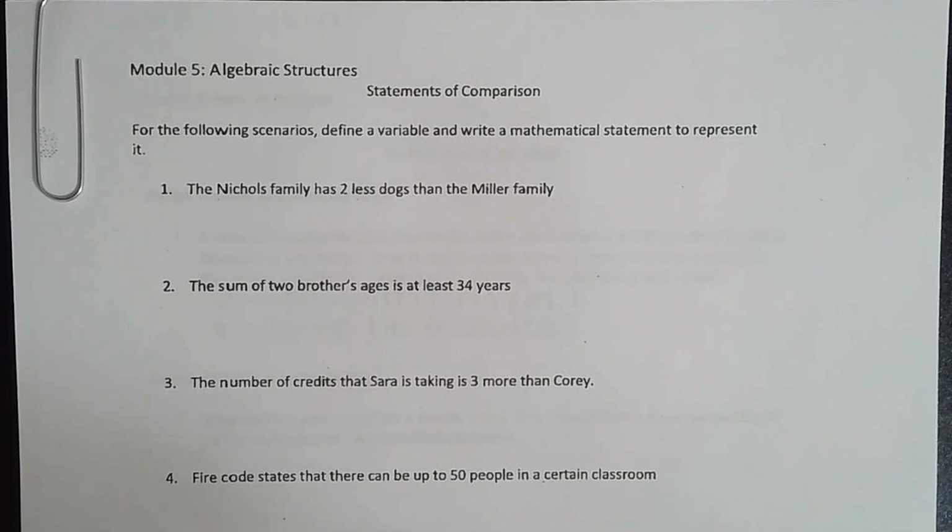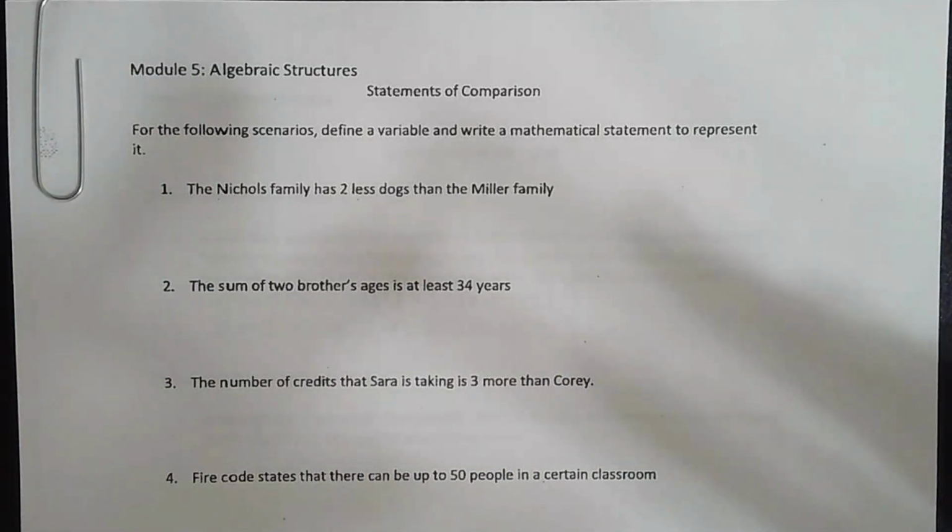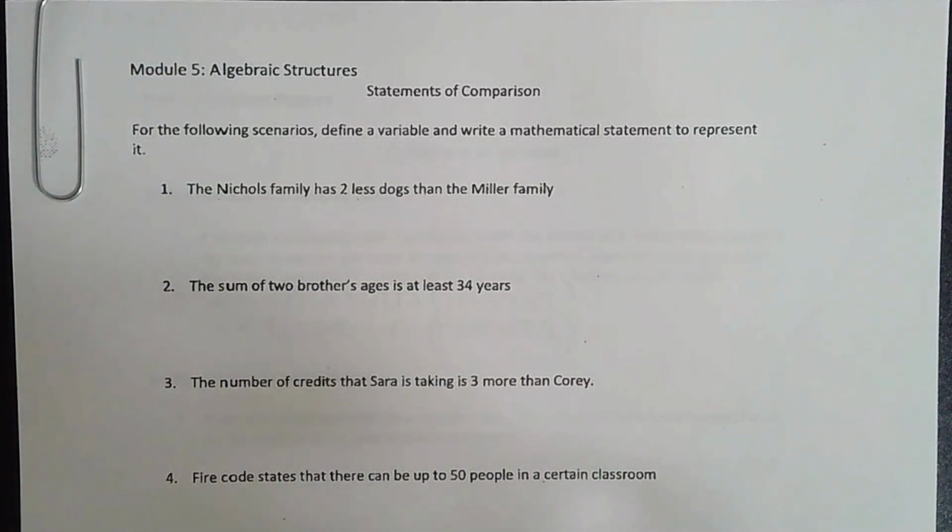So you go, oh, Nichols family plus Miller family equals however many dogs they have. So this is the most important step in word problems, really. Because once you write the variable statements, you're just going to multiply them or add them or subtract them or whatever the problem tells you to do with them on the next step. So this is a key that I teach every single one of my students.